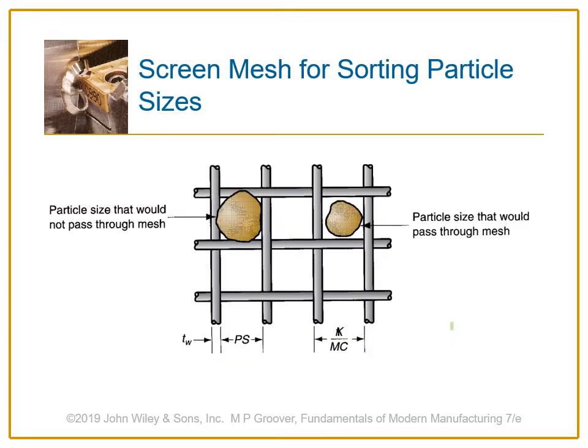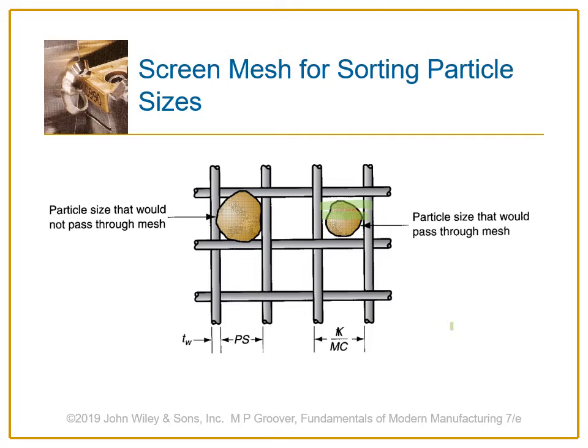This is an example of a screen mesh. You can see here that some of the particles will be small enough to pass through, while other particles would not be small enough and will not pass through the mesh.